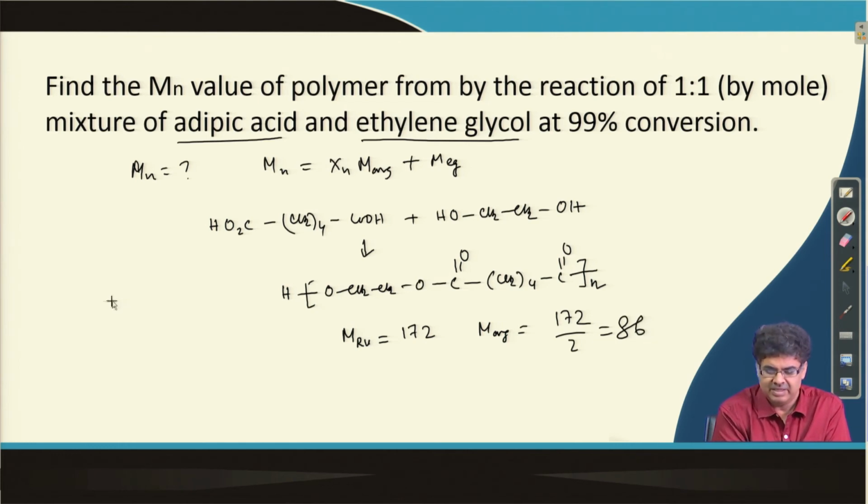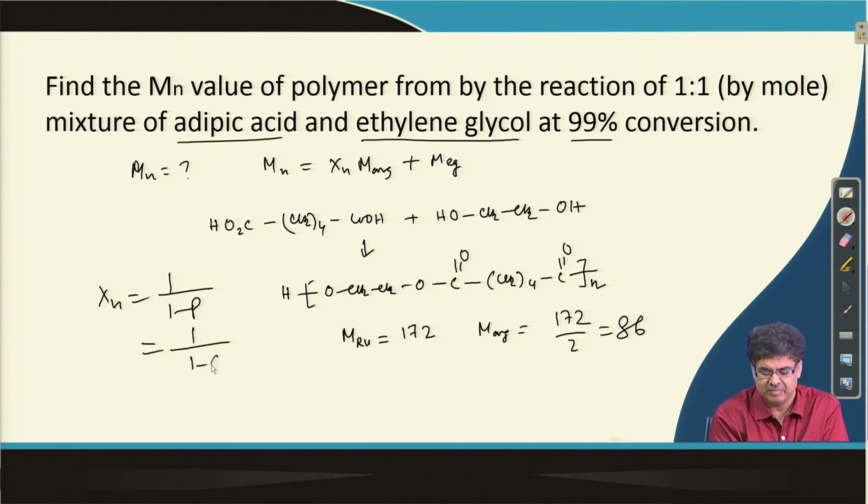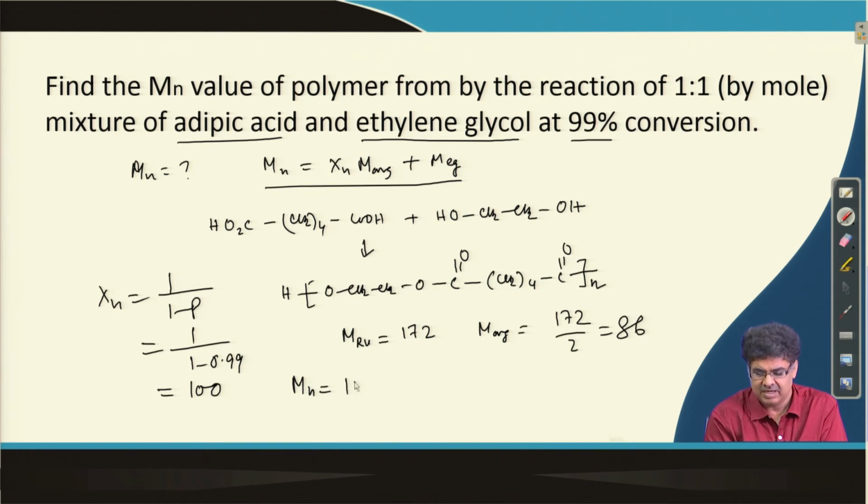So, what will be my molecular weight? Xn is given by 1 over 1 minus P, where P is 99%, so 1 over 0.01. So, Xn is 100. My Mn would be given by 100 times 86 plus the molecular weight of the end groups. The end groups are basically OH and H, so basically water, 18.